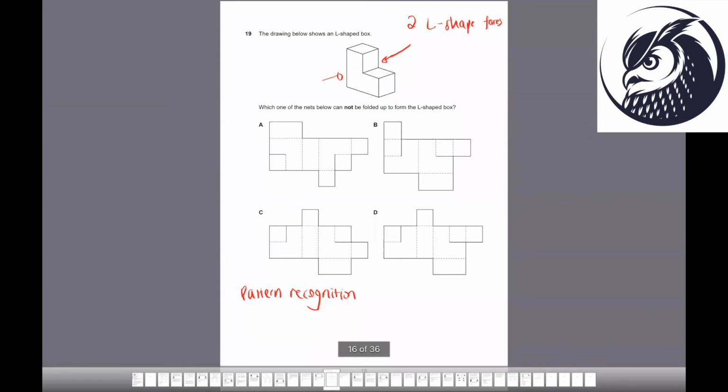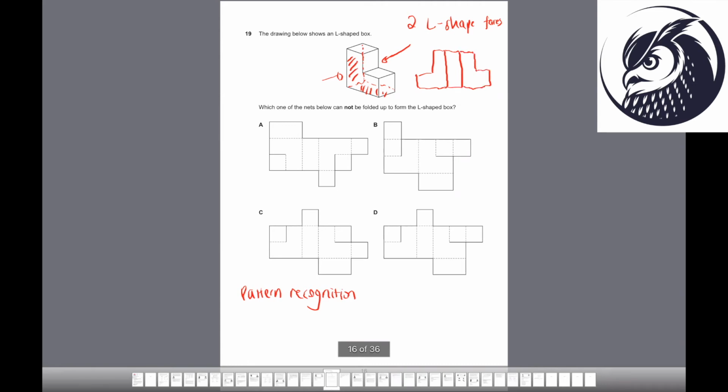Because if I were to draw what it would look like in dotted lines behind this diagram, there should be a rectangle on the bottom or on the back here that joins together the two L shapes, right? So what I mean is there should be an L shape like this that's then joined by a rectangle to another L shape.